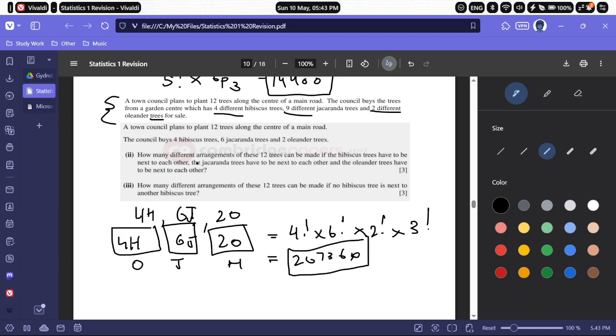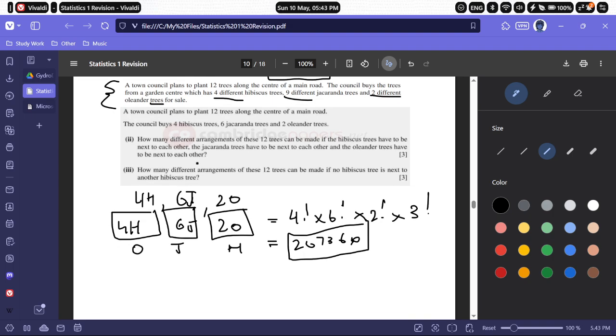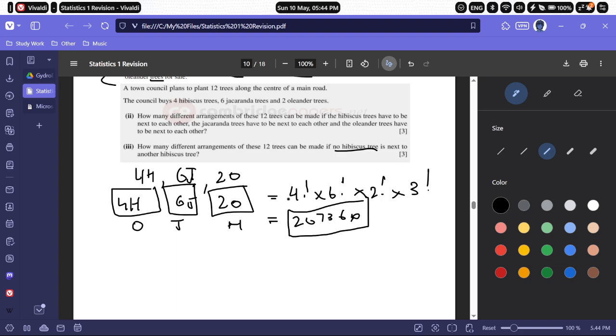So after this, they're asking you how many different arrangements of these 12 trees can be made if no hibiscus tree is next to another hibiscus tree, right? So again, for this, this kind of tells you that you have to make use of the gap method, right? Because they're telling you that they cannot be next to each other. So what's the main idea in this? The hibiscus trees are not next to each other. So again, you make use of the gap method. So this one is the hibiscus tree. You have the O and J types.